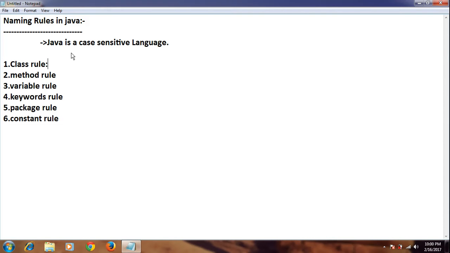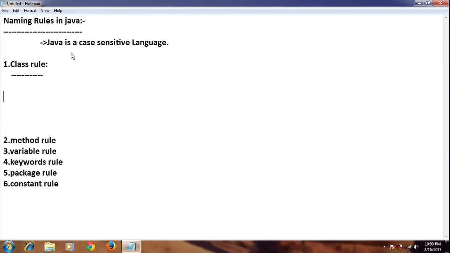First comes the class rule, which means whenever we want to write any class in Java, it may be a predefined class or a user defined class, we should follow some rule. That rule is every class name must start with a capital letter.